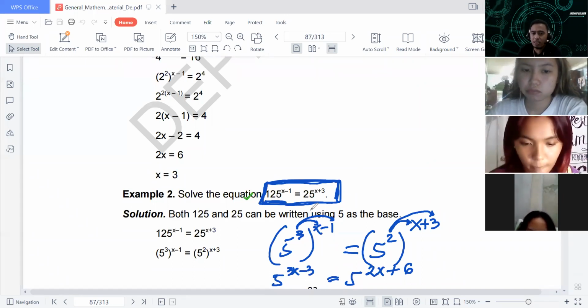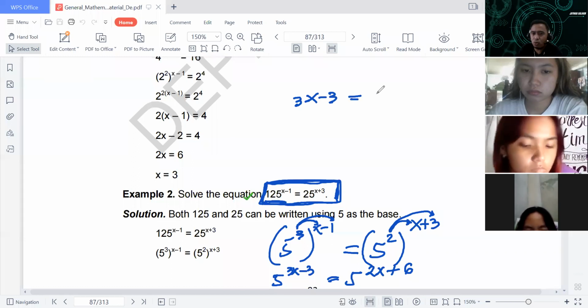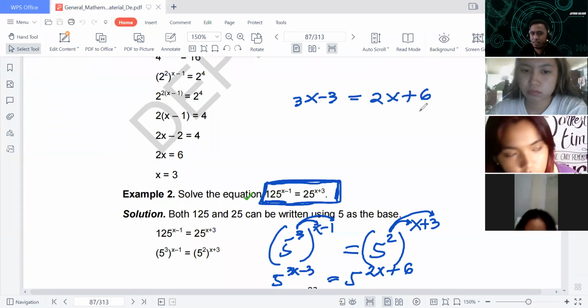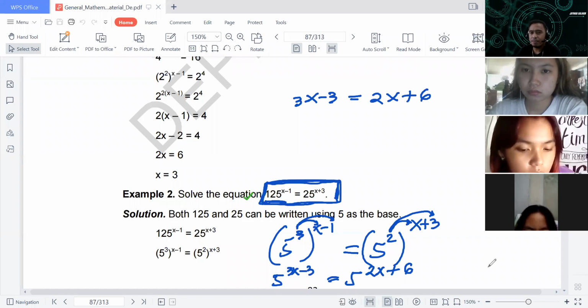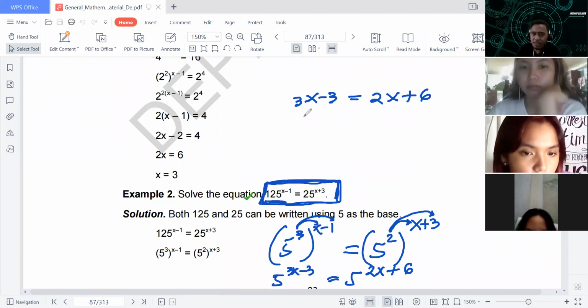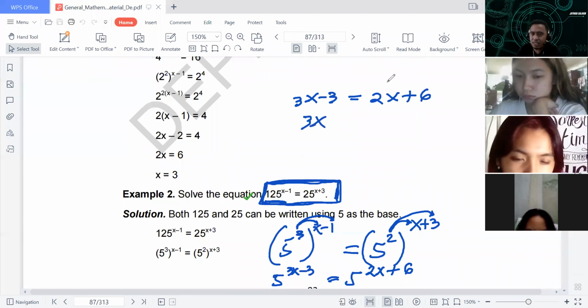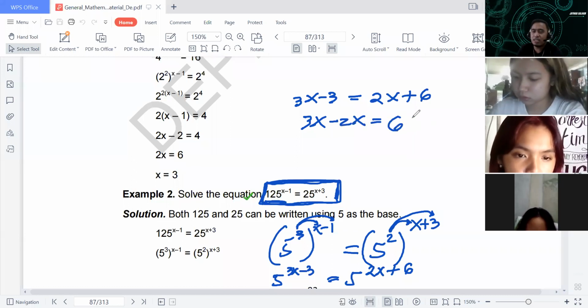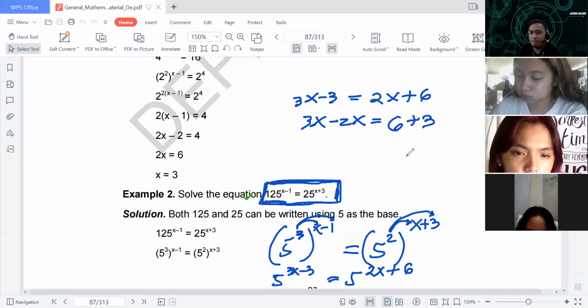So in that case, you can now equate 3x minus 3 into 2x plus 6. Okay? After that, you can transfer it to the other side. It will be 3x. This one to the other side, it is negative 2x. 6. And the 3, it can be positive 3. Right? You just transfer it to the other side.